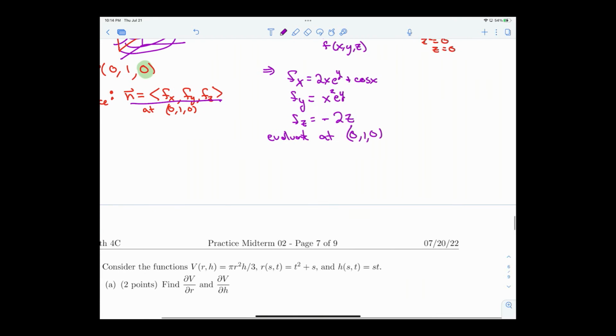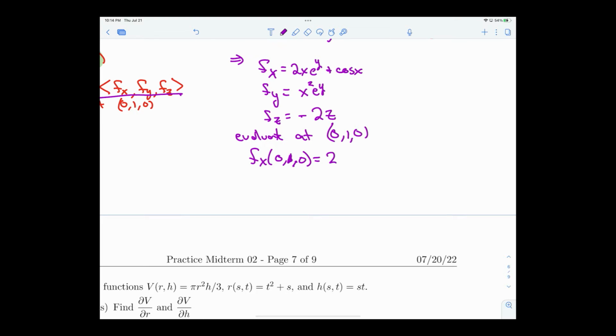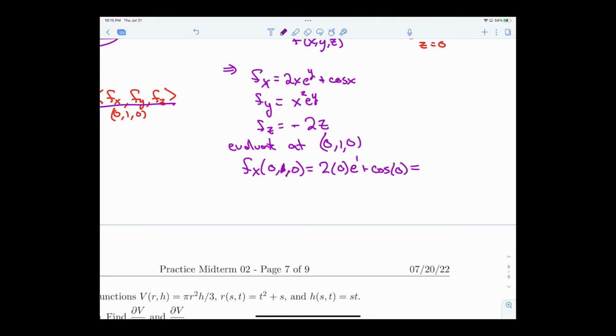So we have fx at (0, 1, 0). Fill it in. We've got 2 times 0 times e to the 1 plus cosine 0. Let me write this over here on the right. That's just going to be 0 plus 1, so it's 1.